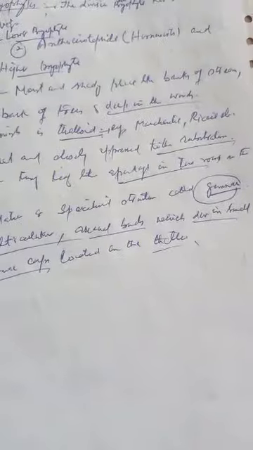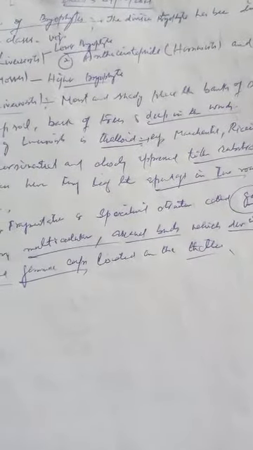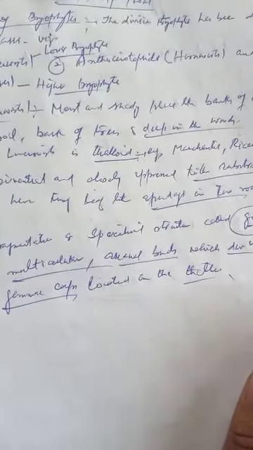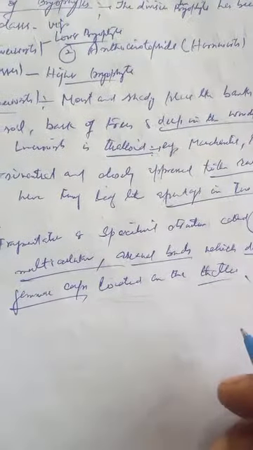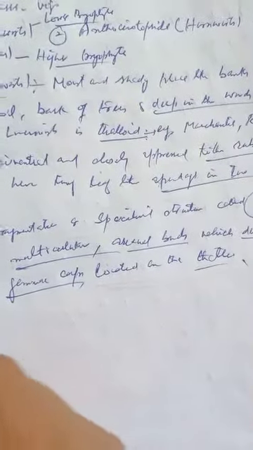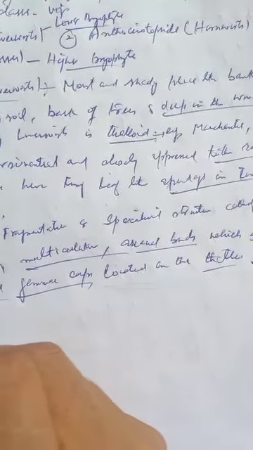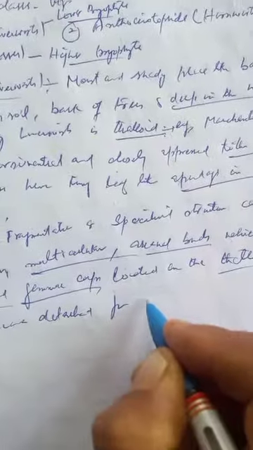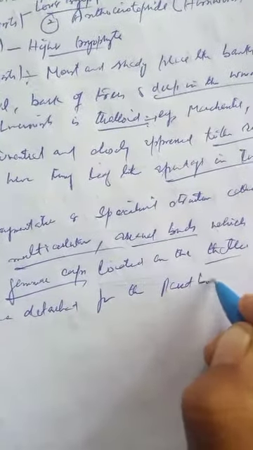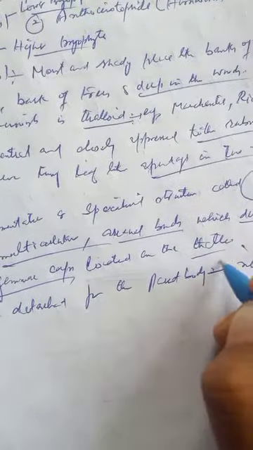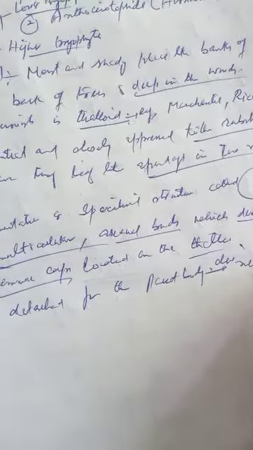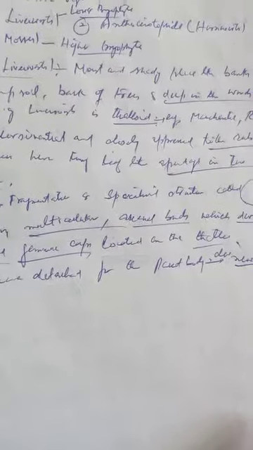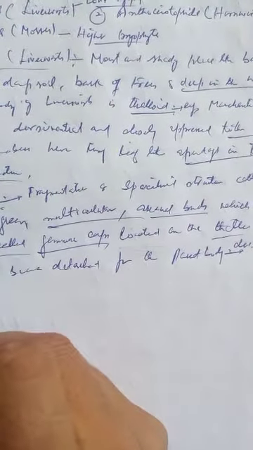And these gemmae become detached from the parent body and germinate to form new individuals. This is asexual, vegetative reproduction.